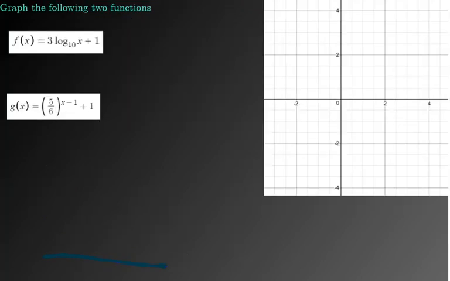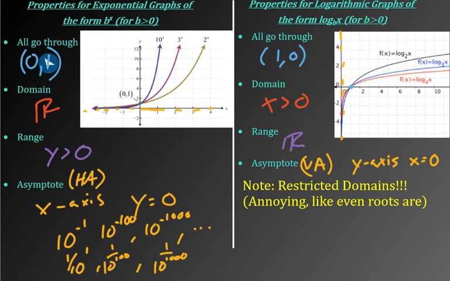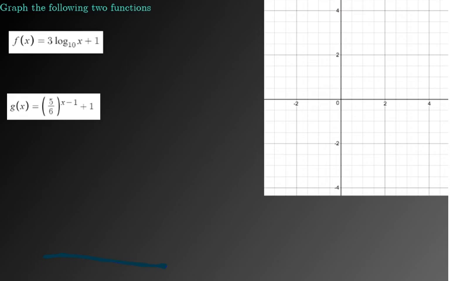All right, so this last thing I just want to do is just literally graph some exponentials and logs. And the way that I basically ask my Algebra 2 students to graph these things is start with, honestly, this part. So all of them go through one of these nice points, and what I would do is I would start with those, and then I would do my transformations on that point.